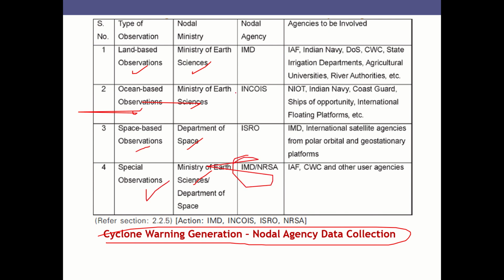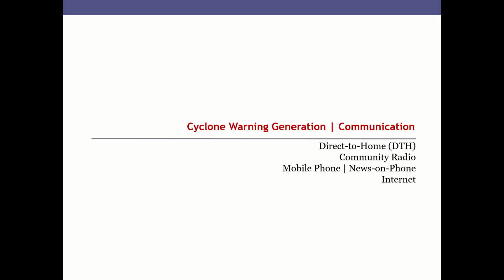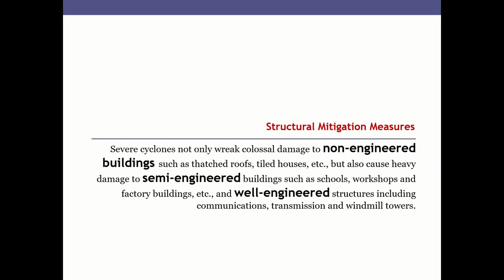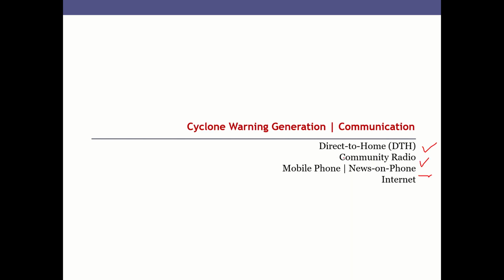IMD and ISRO and others are involved in understanding and monitoring the formation of cyclones. It is normally communicated through television, radio, news, internet and so on, and this information is communicated to the different stakeholders.